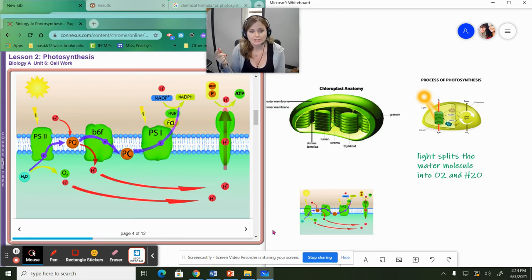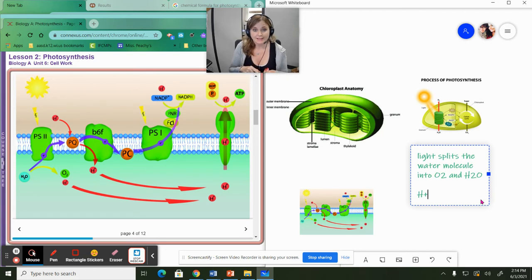Hydrogen, however, is shuffled inside the thylakoid membrane. See, all these hydrogens accumulate inside the thylakoid membrane. So I'm going to put that here. It looks like an H and a plus because these are hydrogen ions, which are literally just protons.